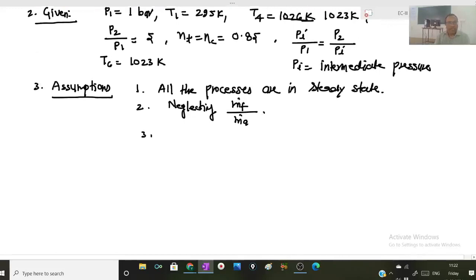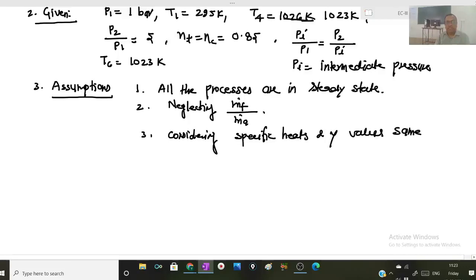Then the problem does not specify whether CP and CPG will be different. So what we will consider, considering specific heats and gamma values same for air and gas.